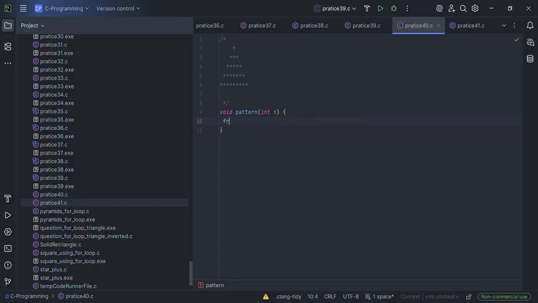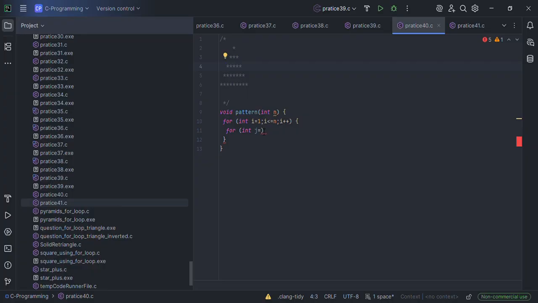So in spaces: one, one, two, three, and four.